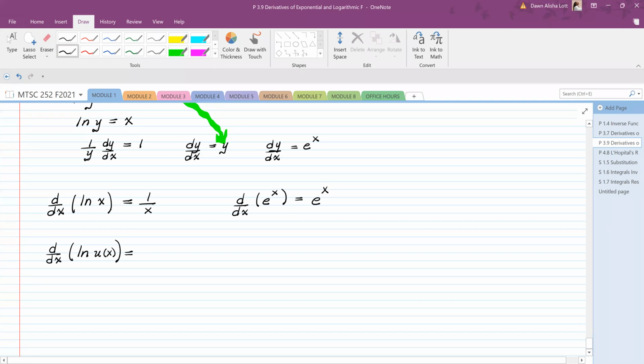Anybody remember? We took the derivative of the function with respect to u and got 1 over u of x, and then multiplied by its derivative.